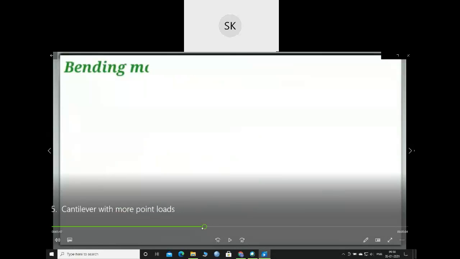Okay, let's now move forward to the bending moment diagram.